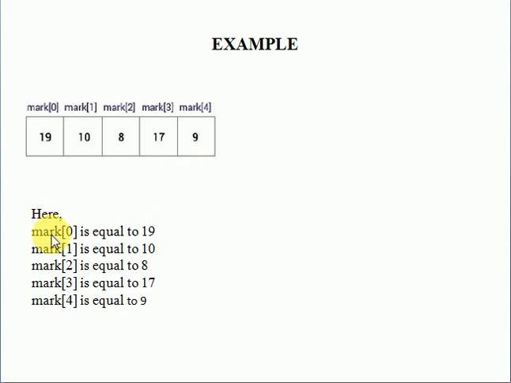From this example, we can understand that the first element, mark of 0, is equal to 19. This element holds 10, this one holds 8, this one holds 17, and this is the last element, which holds 9.